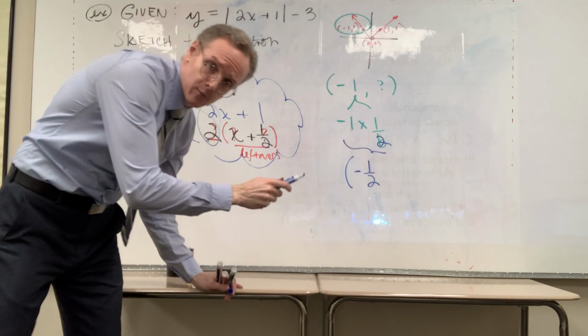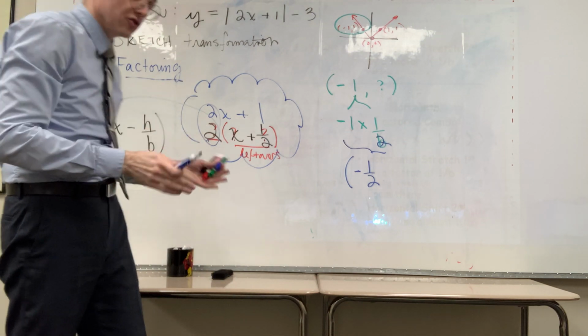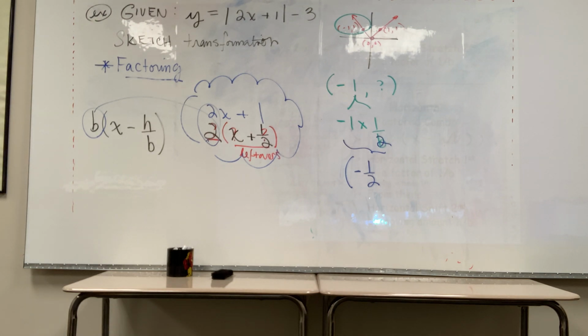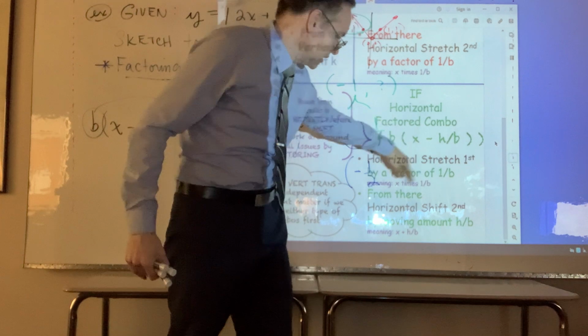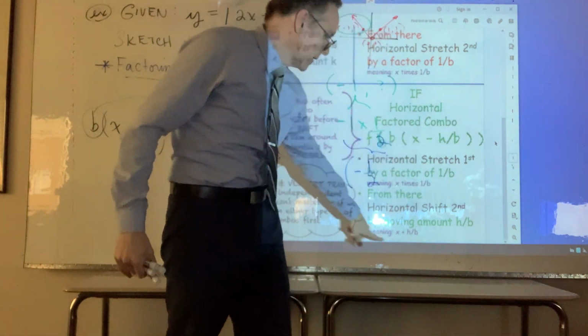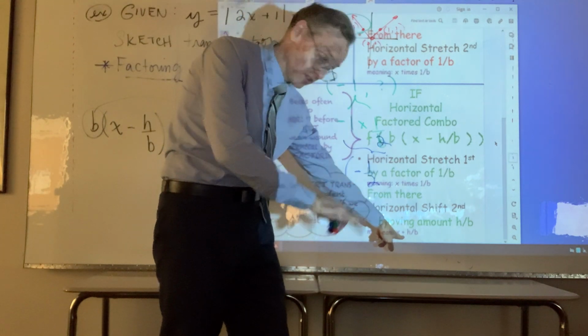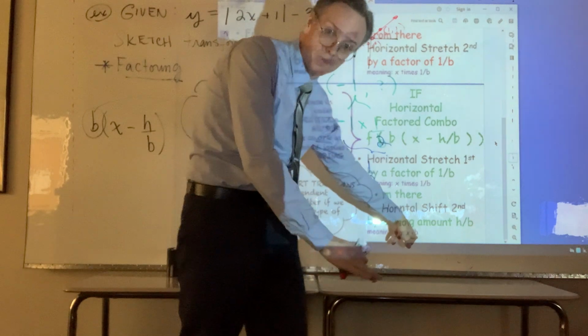But don't jump the gun, because we technically have to do the other thing now, which is the horizontal shift. So we have this product. Now we're going to horizontally shift by basically adding or subtracting, depending upon the signs, the number that is the factored version of h.